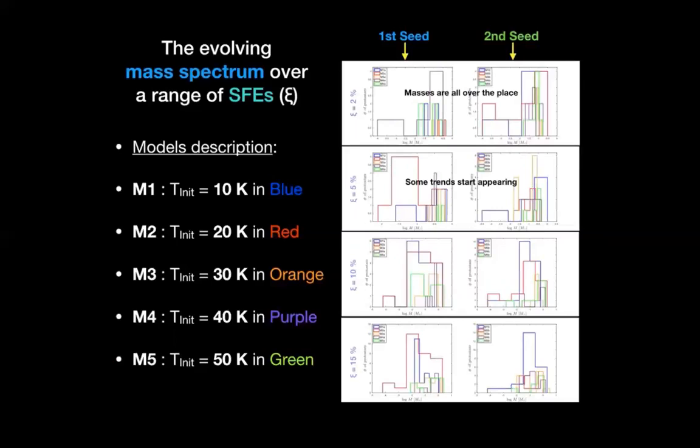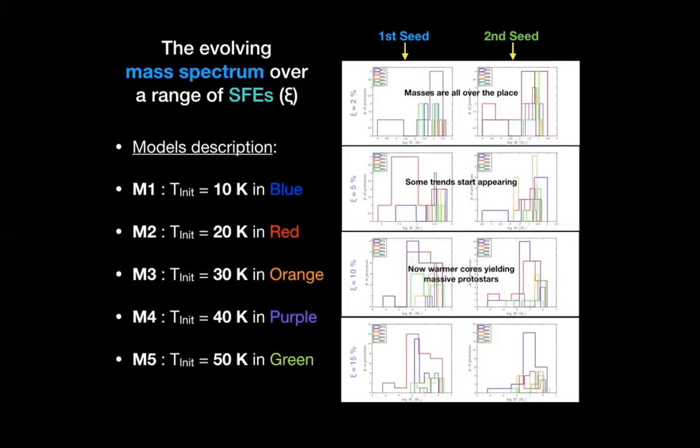Then when we reach 5% star formation efficiency, we start seeing some trends appearing, in the sense that more massive stars are forming only for the warmest cores, while the less massive protostars are forming more in cases where the core temperature was relatively low.